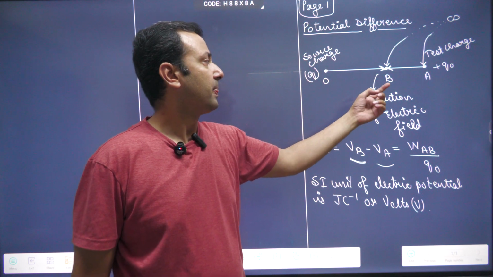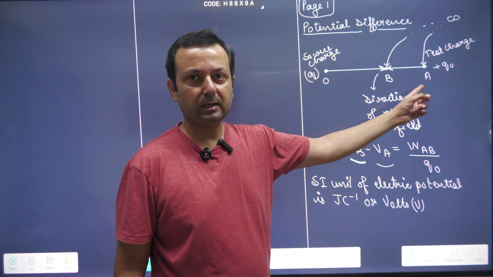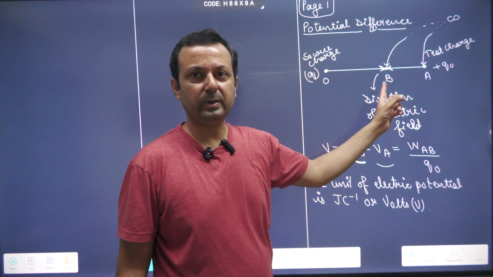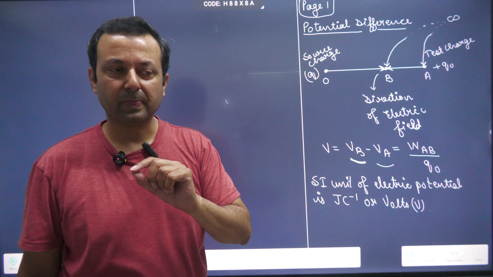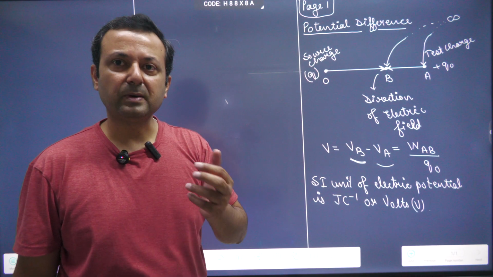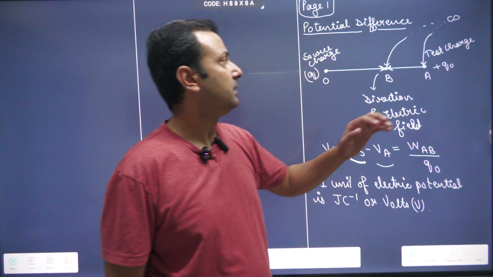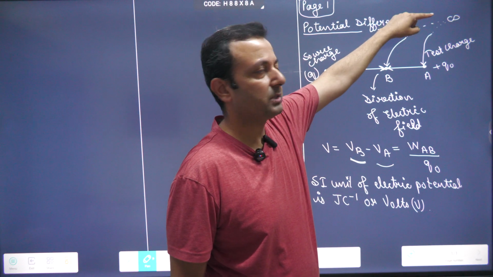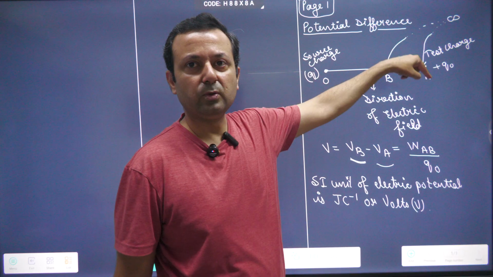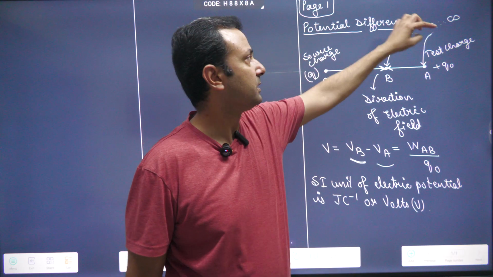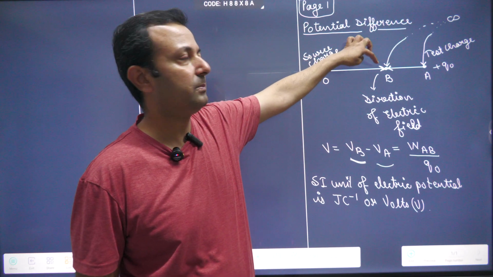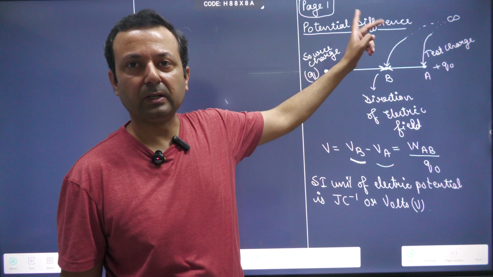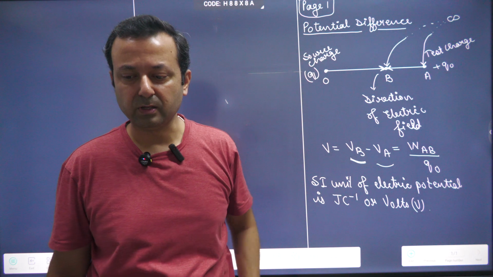Another method is that work done in bringing a test charge from infinity to point A minus work done in bringing the test charge from infinity to point B. The difference between them is also called potential difference.